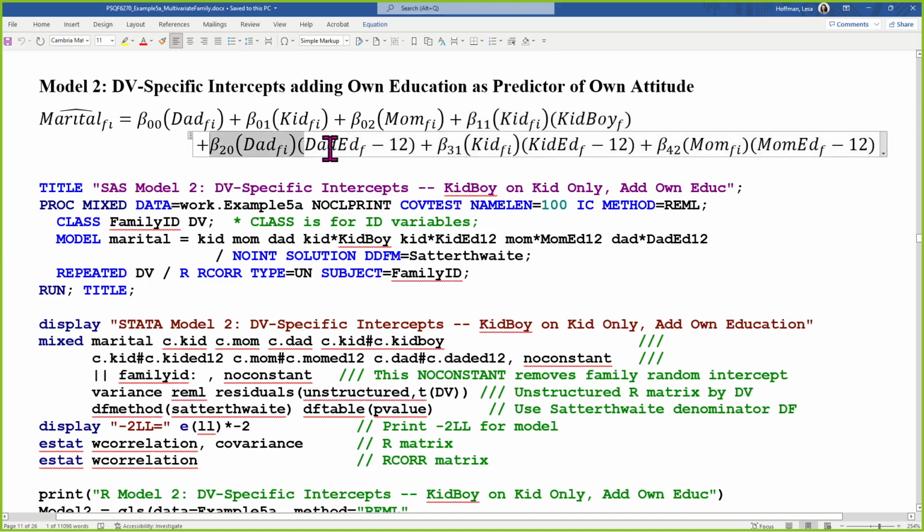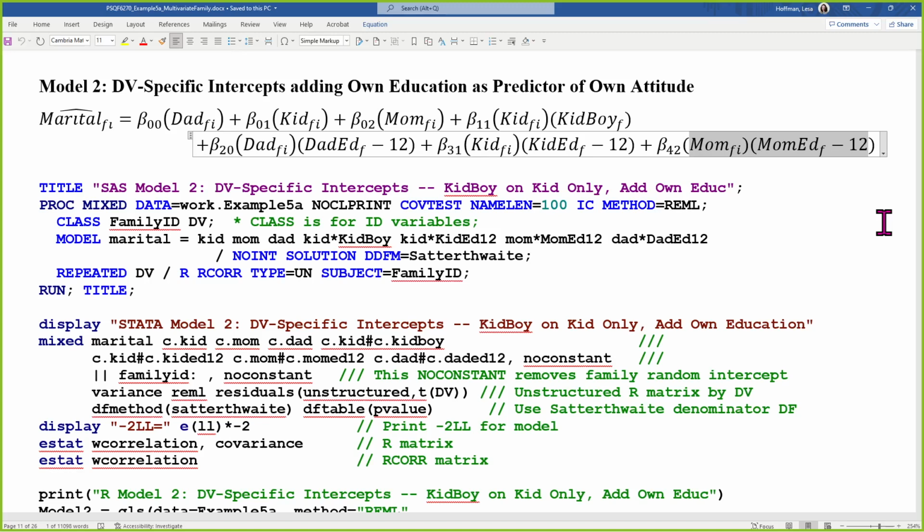But we have this new term right here. This is the effect of dad's education on the dad. This is the effect of kid's education on the kid. And this is the effect of mom's education on the mom. So I could have set up the model with one variable for education that was stacked just like the outcome was.